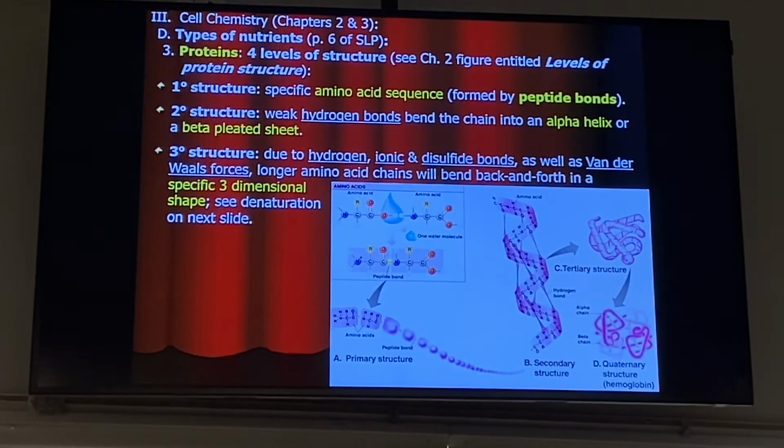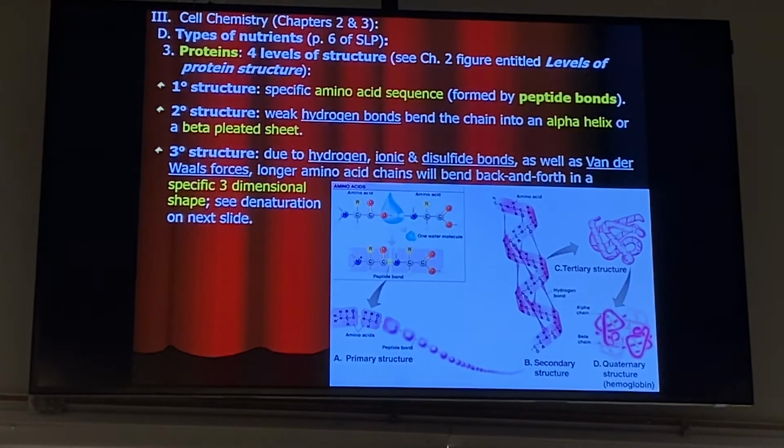Or if you have another part that is hydrophilic, it'll be attracted to this other part that's hydrophilic, because water-loving things love each other. Everybody got it? So it's an attraction of hydrophilic to hydrophilic, or an attraction of hydrophobic to hydrophobic, or repulsion between hydrophilic and hydrophobic. That is van der Waals forces, as simply as I can state it.